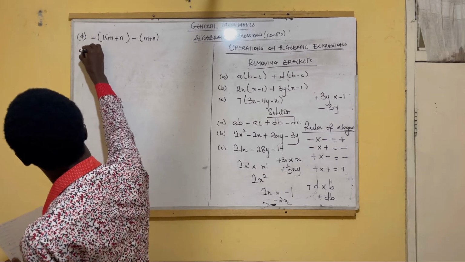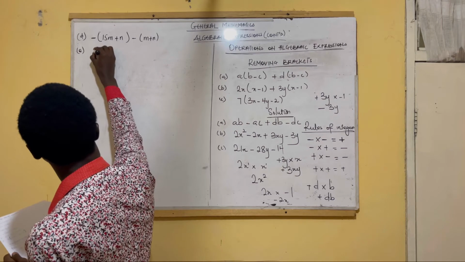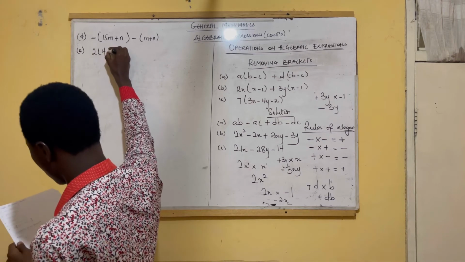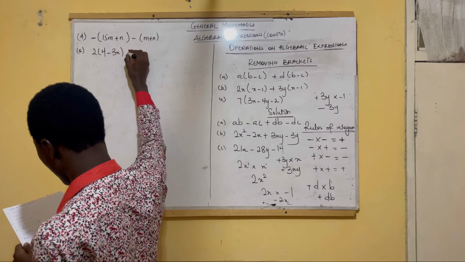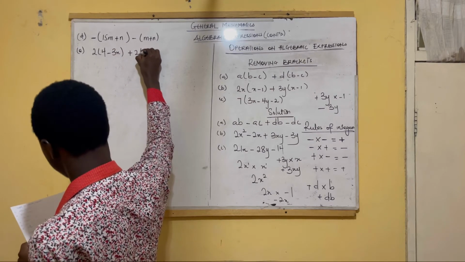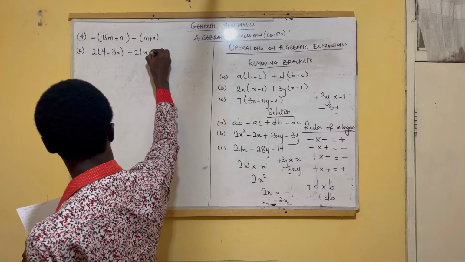We have e. With the e, we have 2 into bracket 4 minus 3x plus 2 into bracket x plus y.